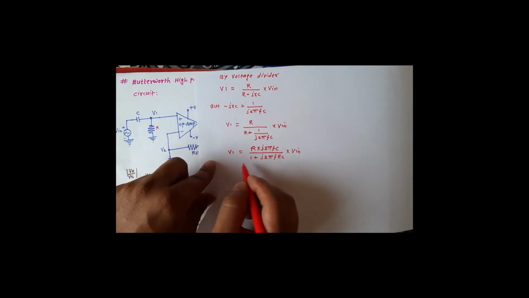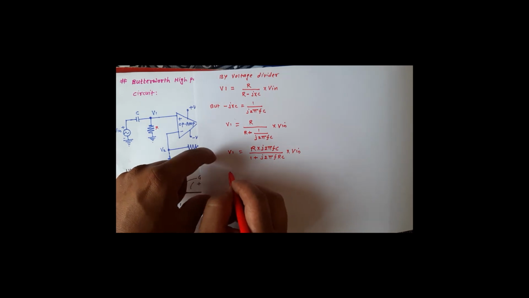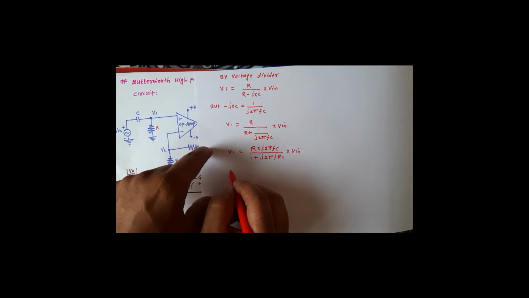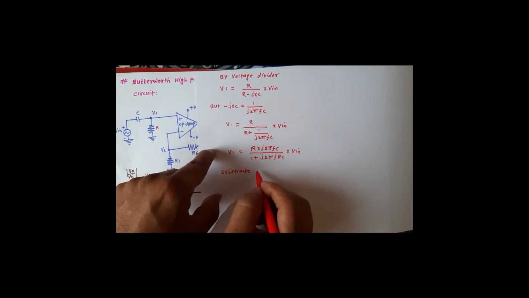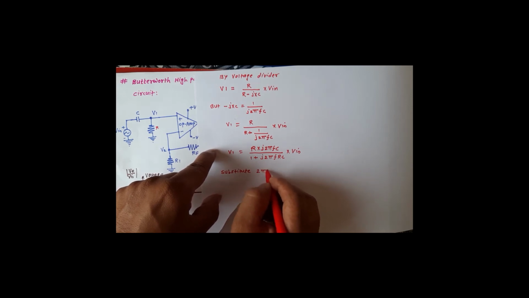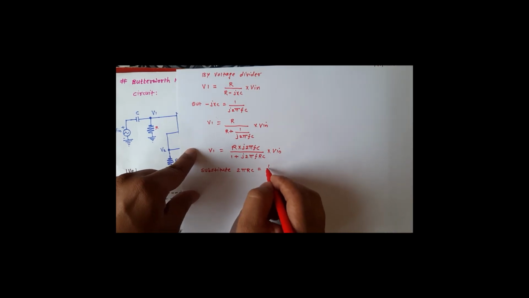As you know, this cutoff frequency fc is equal to 1 upon 2 pi RC, right? So substitute 2 pi RC is equal to 1 upon fc.